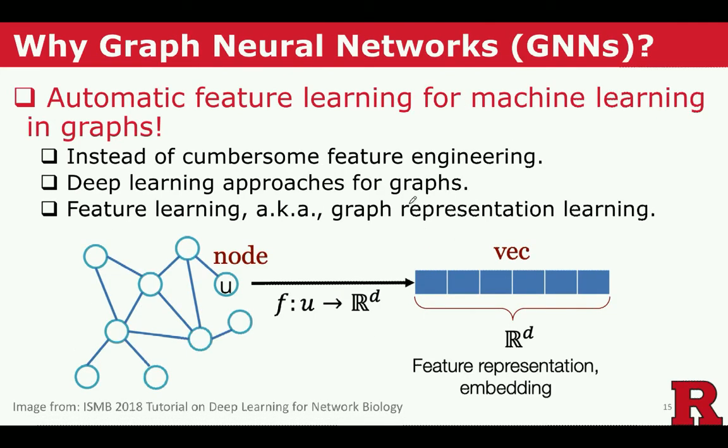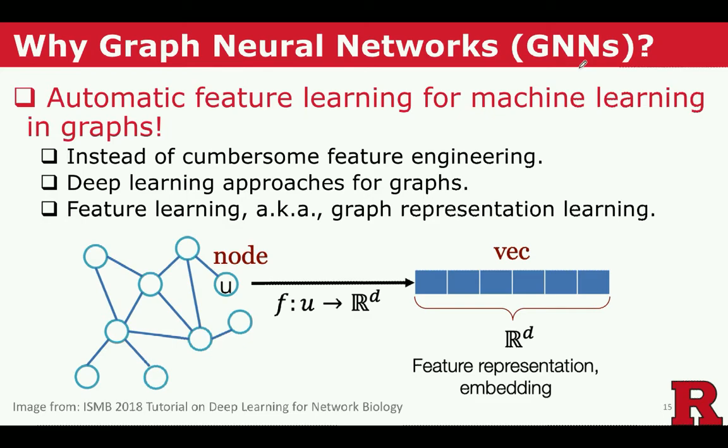Graph neural networks are designed to address those challenges. The abbreviation for graph neural networks is GNN. GNNs automatically learn features or representations of the nodes, and perhaps also the representations of the edges. The learned representation captures both the structural information and semantic information of the graph.